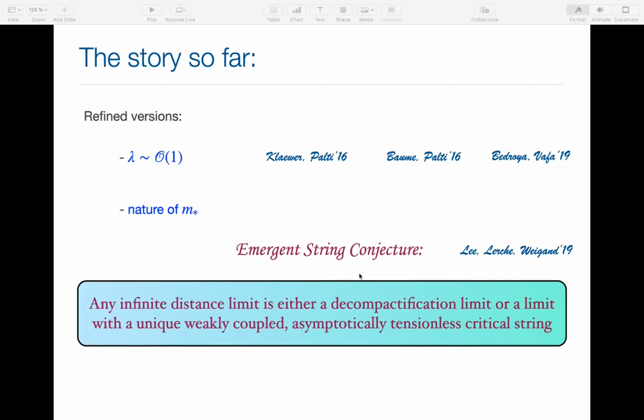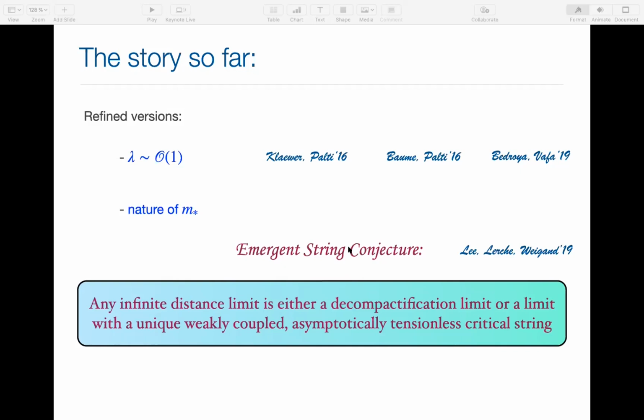So in the emergent string conjecture, we are only allowed to have either a tower of Kaluza-Klein states or a tower that reproduces the spectrum of a tensionless, well, asymptotically tensionless critical string, right?